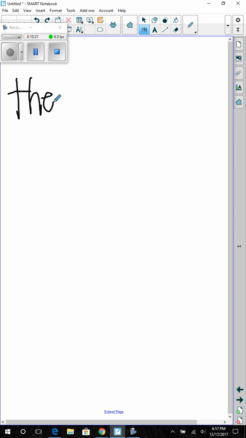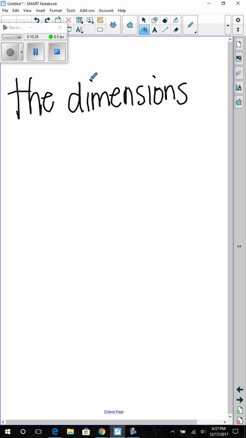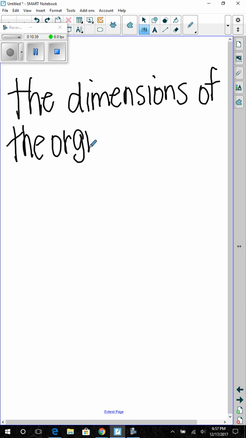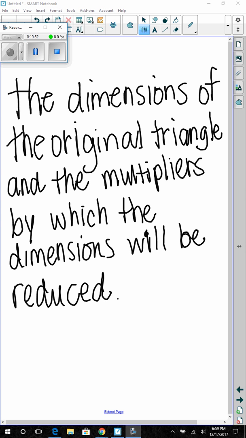The dimensions of the original triangle and the multipliers by which the dimensions will be reduced.